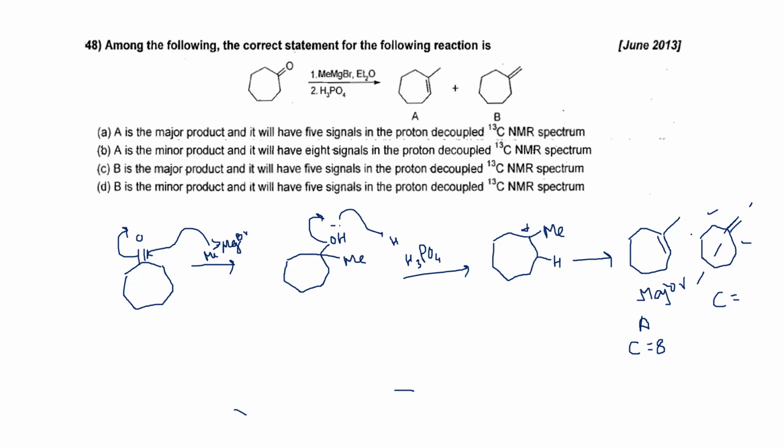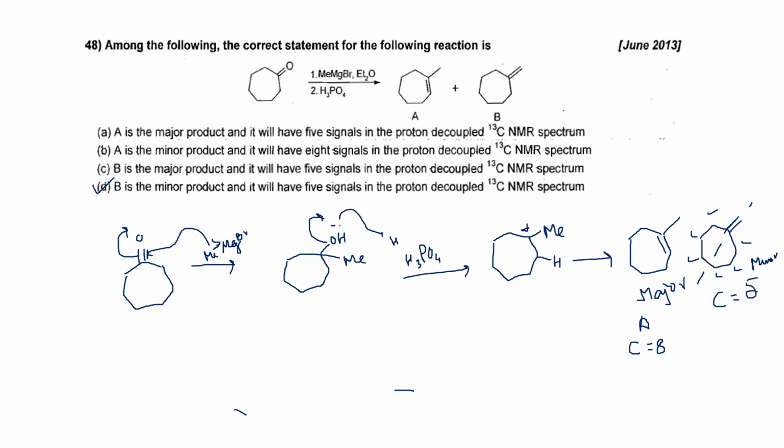So 1, 2, 3, 4, 5. So the number of carbons is 5. So B minor with 5 carbons. Is there any option like this? B minor with 5 carbons. So the correct option is option D.